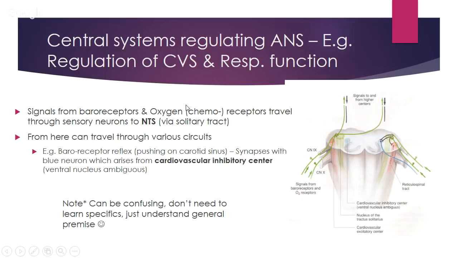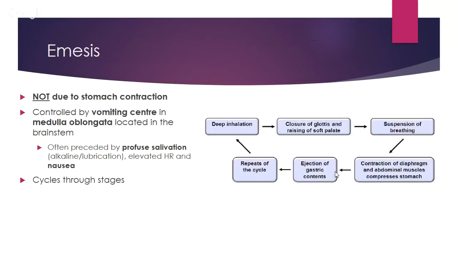It's just an example of a tract. So up that sensory tract, that then goes to what we call the nucleus tractus solitarius, or the NTS. And then from here, communicates with a bunch of things that you don't need to know. But that then starts a signal in the cardiovascular inhibitory center, which is in your brainstem. And that goes on and decreases your heart rate and your contractility, decreases your blood pressure, and you pass out. It can be really confusing, this kind of stuff. It's not that high yield, so having a general understanding of it is more than enough.